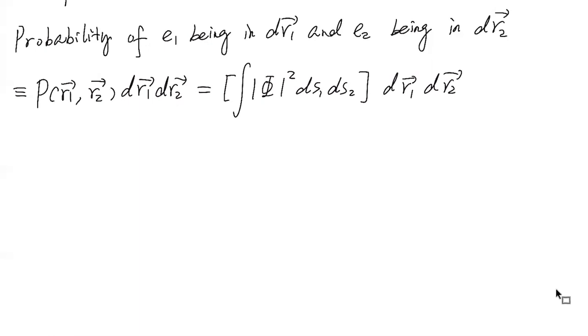Now, this integral is over the spin coordinate. If you integrate over the spin coordinate, what's left, of course, is the probability distribution in three-dimensional space, right?